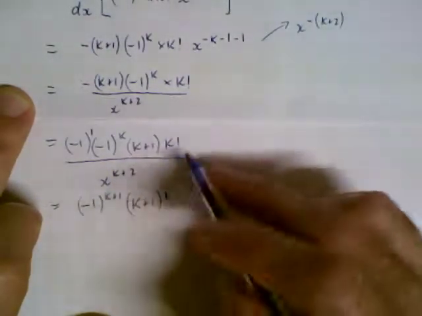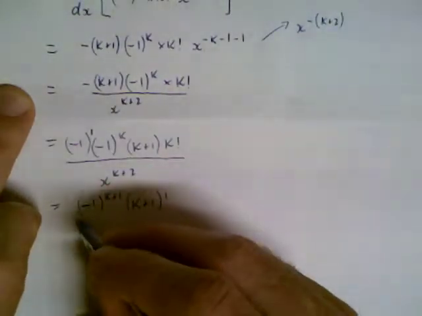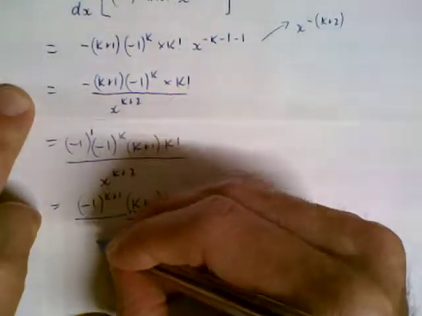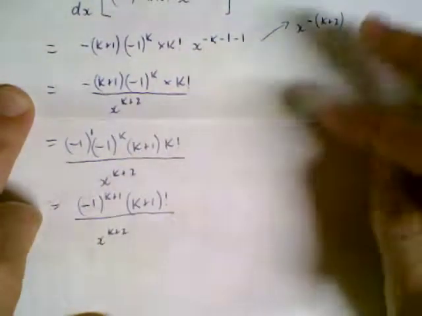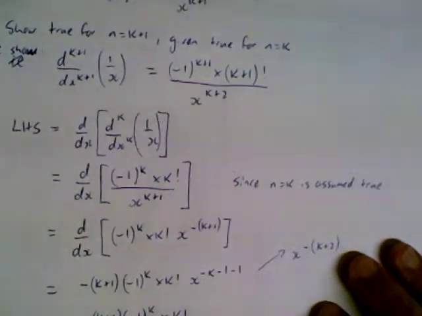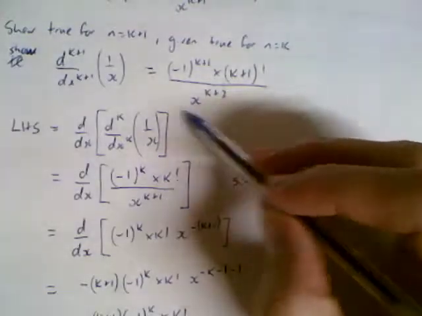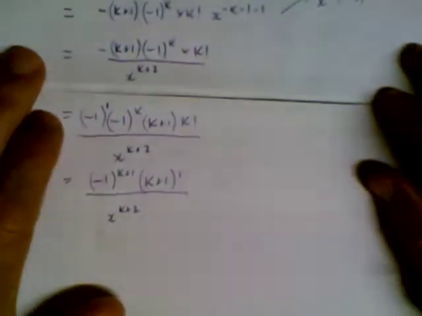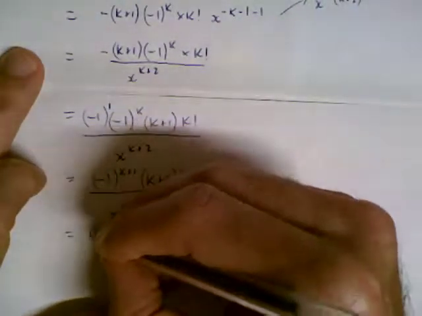So we just add an extra k plus 1, that's k plus 1 factorial, all over x to the k plus 2. And if we go right back up to our right hand side, we can see we've got to our right hand side. So there it is, that's equal to our right hand side.